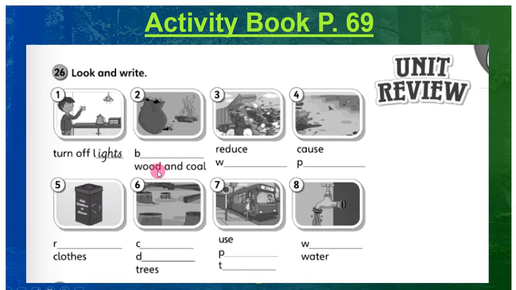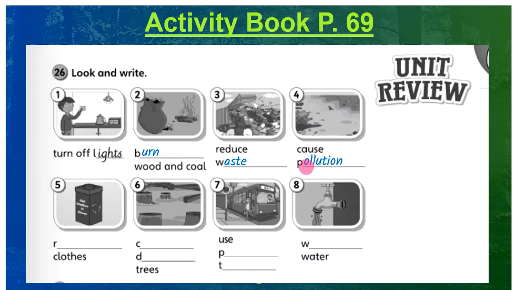Turn off lights. Number 2, what can you see in the picture? Of course, it is burn. 3, reduce what? What is this? It is waste, of course. Cause, do you see the dirt in the sea here? So all this rubbish here, that is causing pollution.